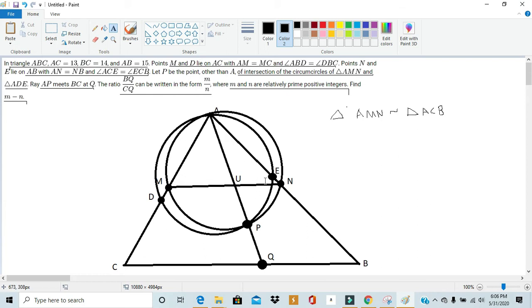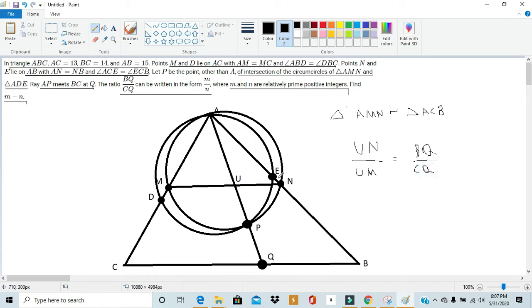So that means that each of these parts, UN and UM, are also enlarged to BQ and CQ, a similar idea to homotheties. So since UN and UM are enlarged to form line segments BQ and CQ, the ratio of UN over UM is equal to the ratio of BQ over CQ.